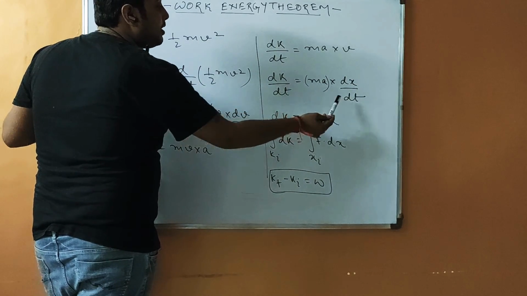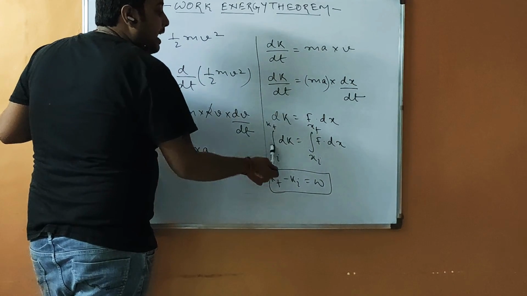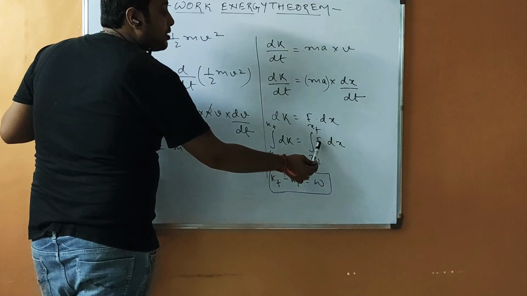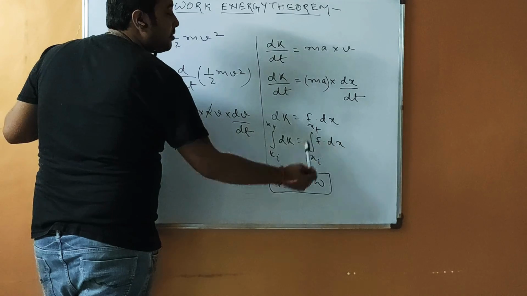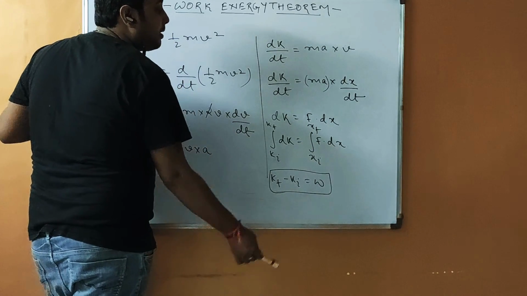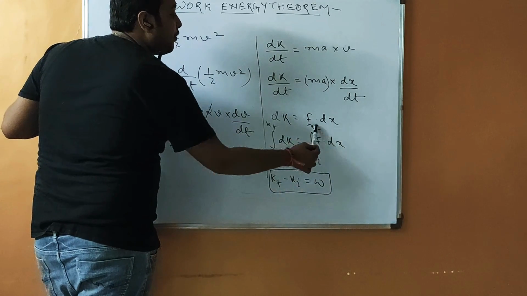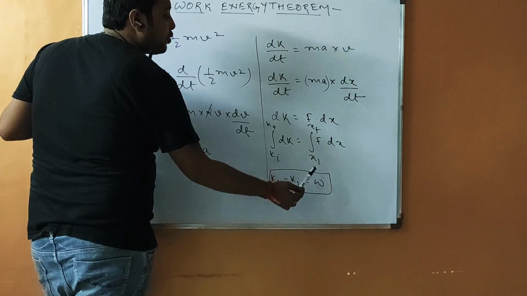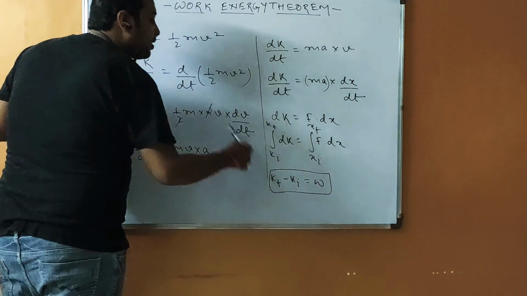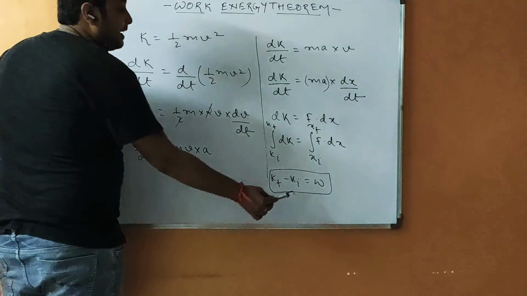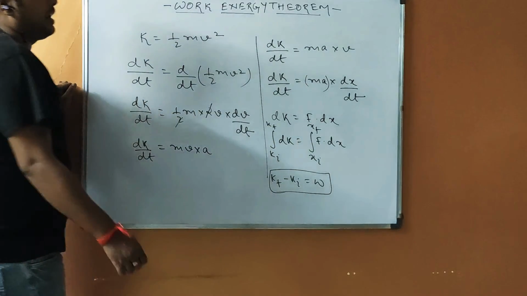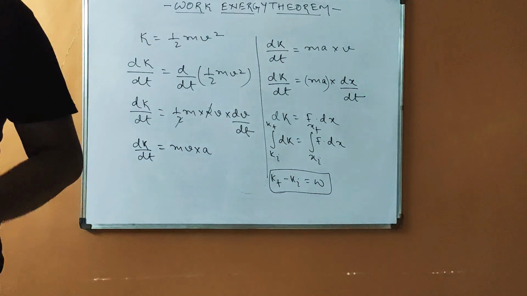On both sides there is dt, so we can remove that. And then we do the integration. We cannot do the integration here directly because the force is also variable and the displacement is also variable. But we have an expression for this. The integration from xi to xf of F dx is equal to work done. So this is also the work energy theorem. The net work done on the body by the force is equal to the change in kinetic energy of the body. Have a look at it.